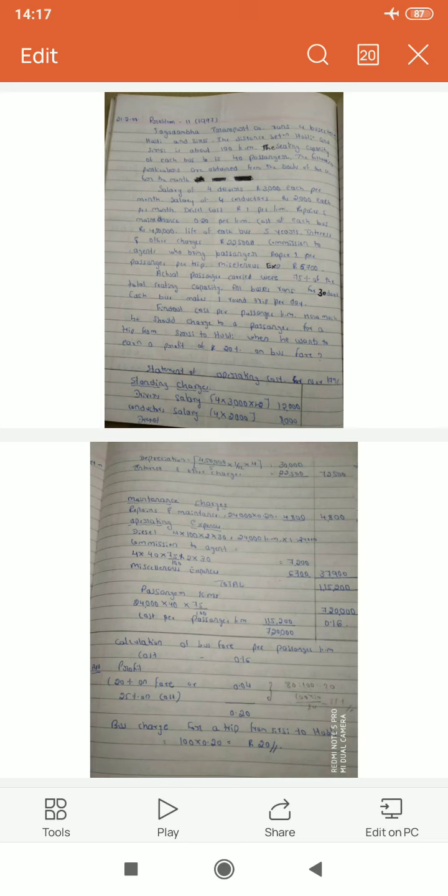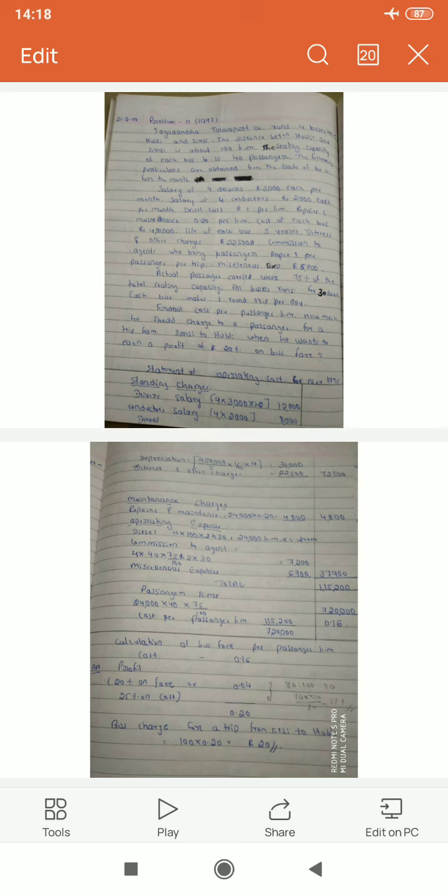It is a slight distinction, 1 per passenger per trip. Then miscellaneous given, actual passengers carried were 75% of the seating capacity. Then number of days during which the bus runs 30. Then number of trips, 1 round trip per day, implying 2 trips. 1 round trip means 2 trips.